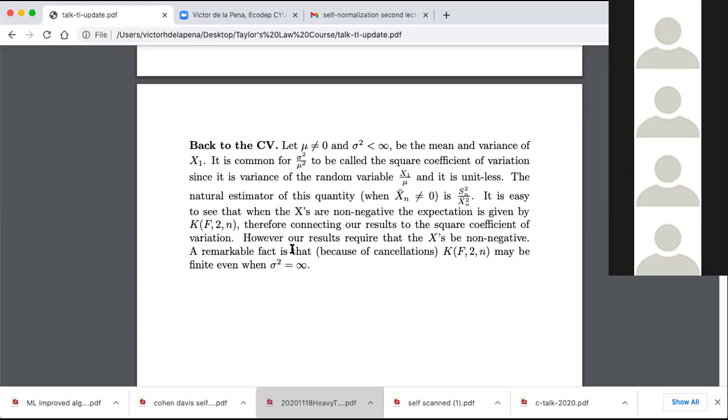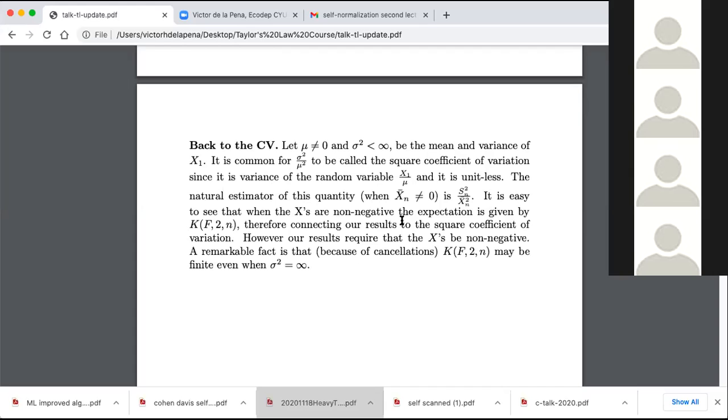Now, a remarkable fact is that because of cancellation, the population variance could be infinite, but the sample mean and the sample variance are always finite. So for a sample of variables with heavy tails, we can calculate the sample coefficient of variation, whereas the population coefficient of variation could be infinite.